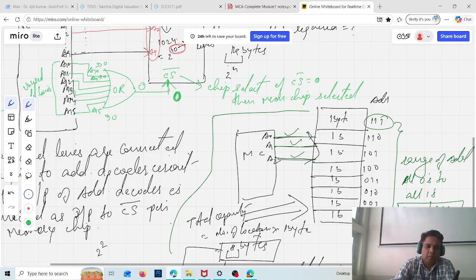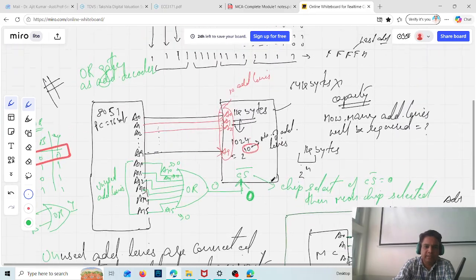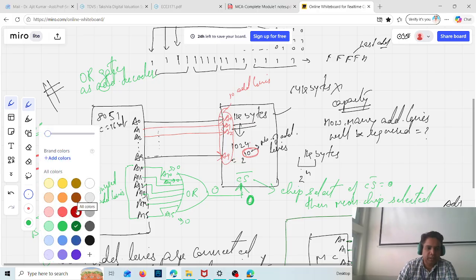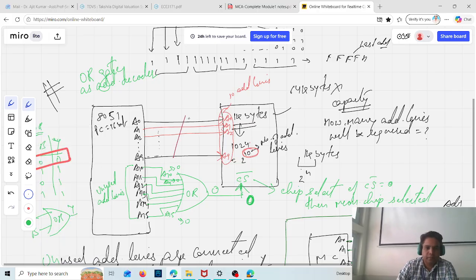However, what about the case where we have seen that A0 to A9 are connected directly, and these unused address lines are connected to the address decoder circuit, and the output of the decoder circuit is connected to the CS input line?